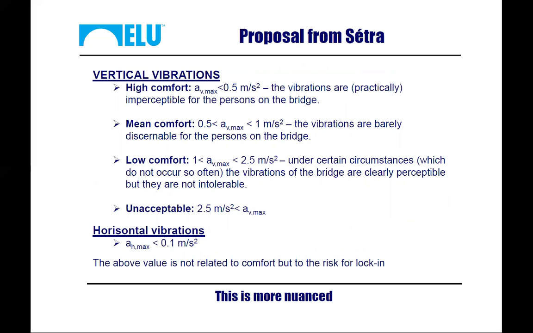You need to reach a certain level of vibration for the people on the bridge to experience this as a signal for synchronization. For me, it's this proposal, which comes from a French research group, that is better than the number of pedestrians.